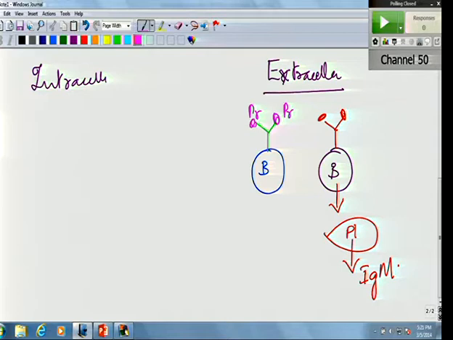Okay, if it is a protein antigen, the B lymphocyte will process it because it is an antigen presenting cell. It has MHC2 on its surface and will present it to the CD4 cell, TH0.